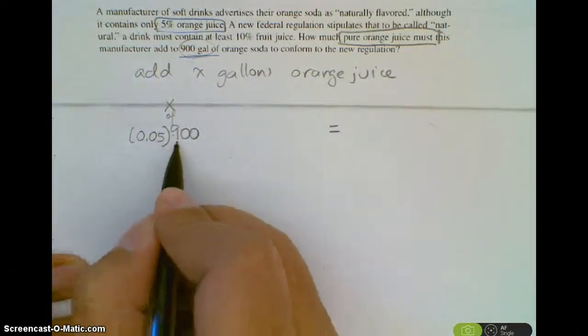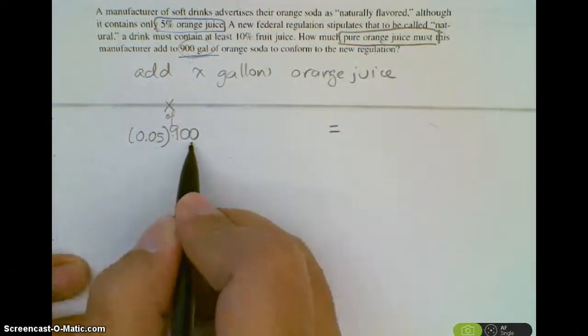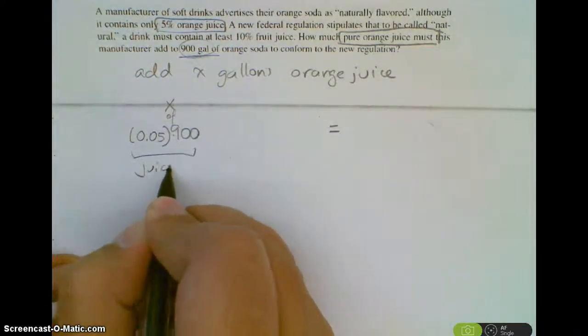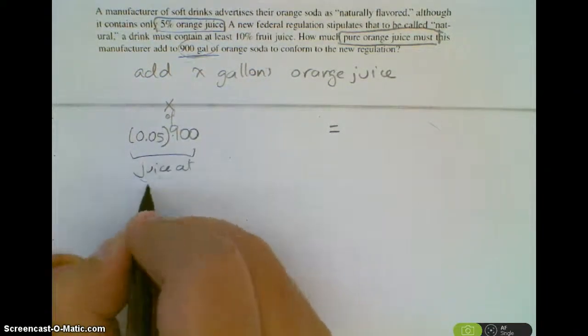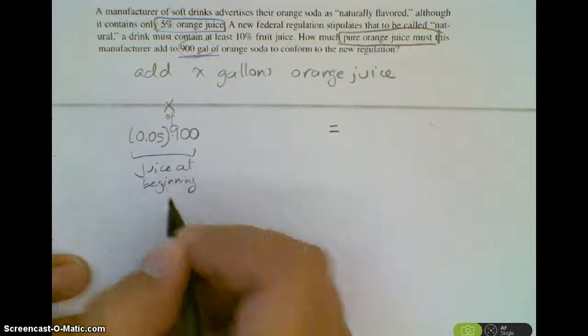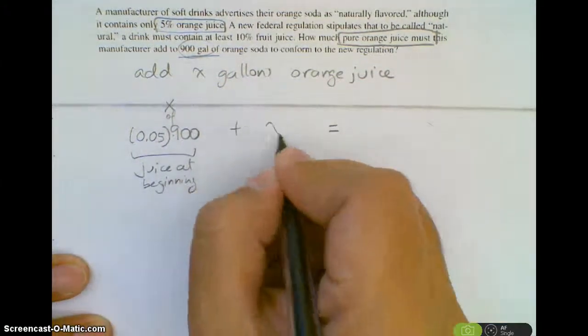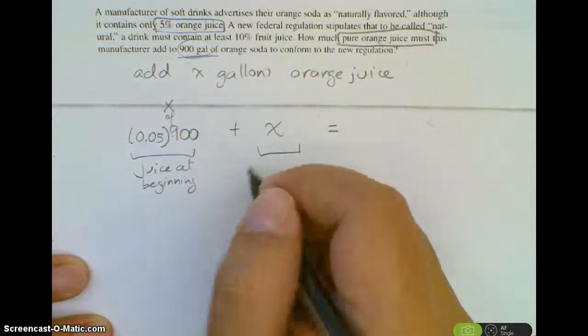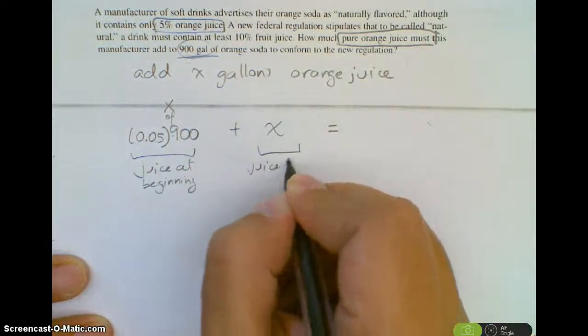So 5% of 900 means 0.05 times 900. So this is the juice at the beginning, okay? Now I know I'm going to add X amount of gallons to conform with the law, okay? So this is the juice I will add.